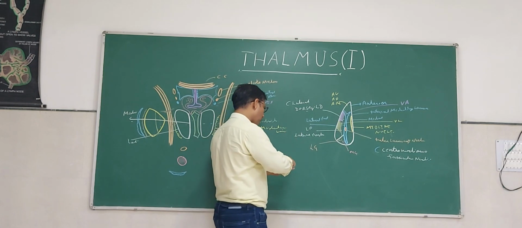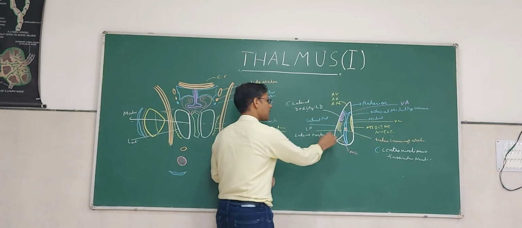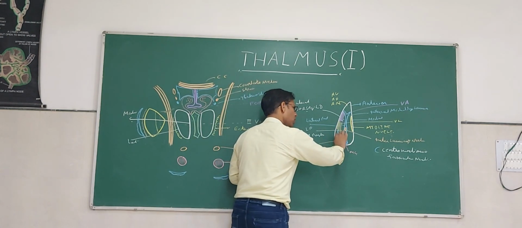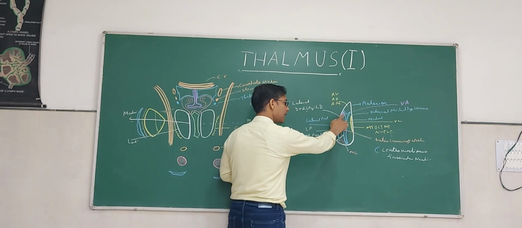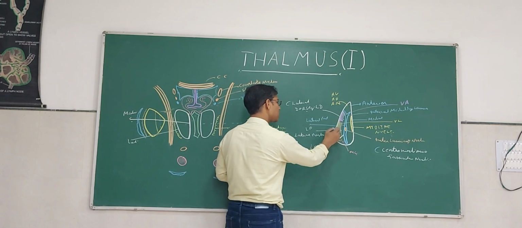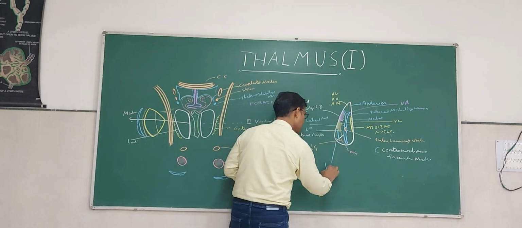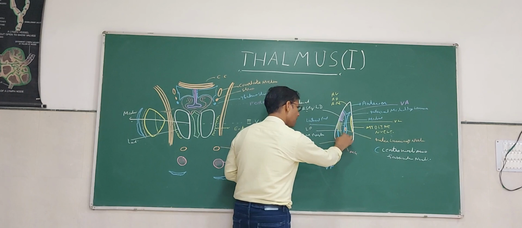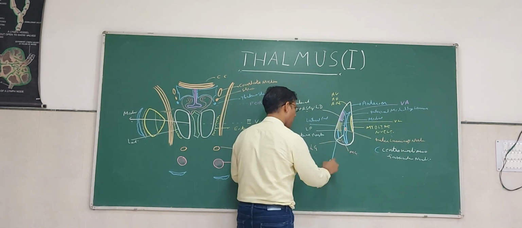And the last part, which is remaining here, is divided into two. This is the anterior, this is the lateral, and this should be the posterior, the ventroposterior. This complete ventroposterior is divided into two parts.